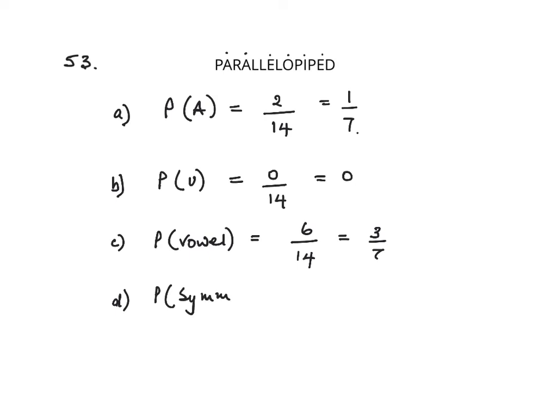Probability that the letter has a line of symmetry. Well, we've got 14 on the bottom. The letter A, if you consider the letter A, it has one vertical line of symmetry.